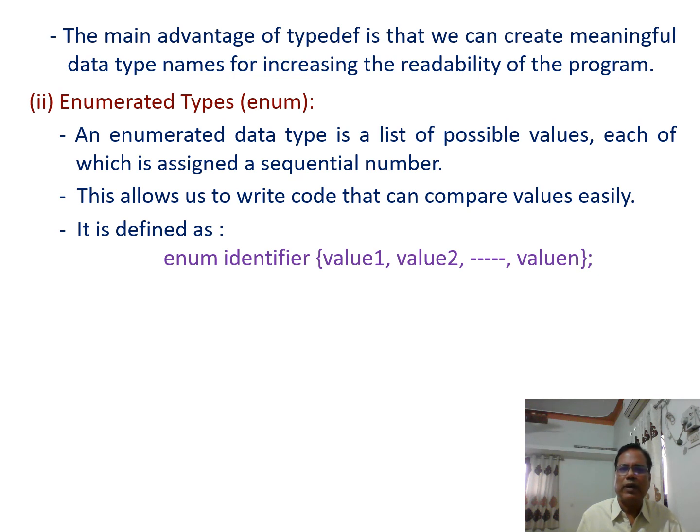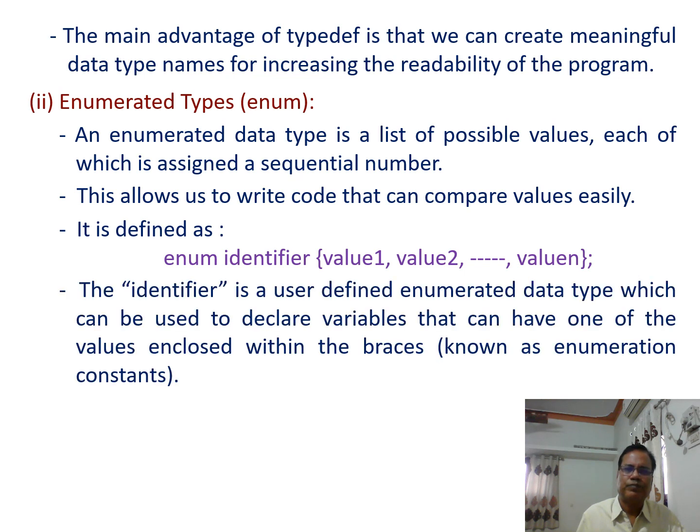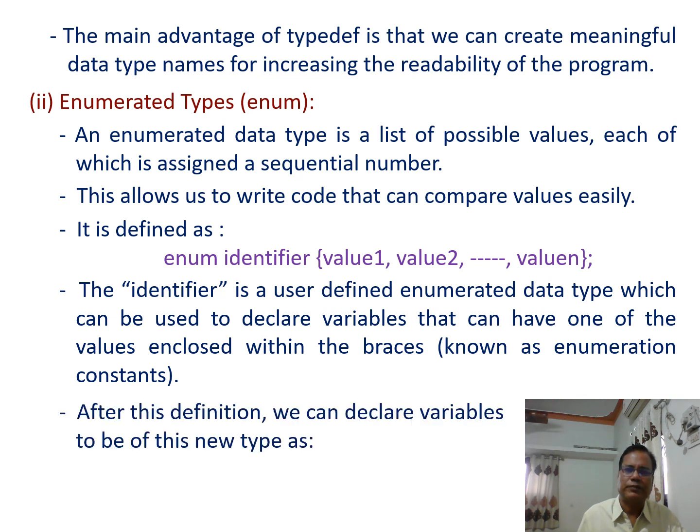It is defined as enum identifier, then in open and close braces a list of values separated by commas. The identifier here is a user defined enumerated data type which can be used to declare variables that can have one of the values enclosed within the braces, known as enumerated constants.